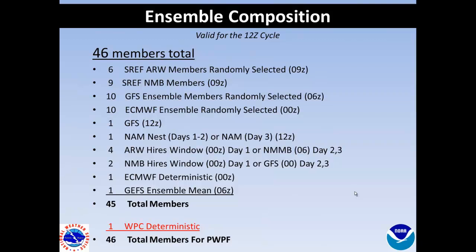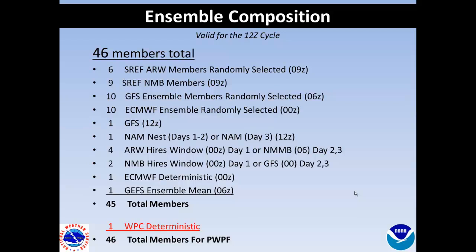This gives you an idea of the different model members that go into the probabilistic distribution. So when we're creating our statistical database that provides our distribution of probabilities for snow totals, it's based on 6 of the different SREF ARW members. These are randomly selected. This has been pared down from last season.